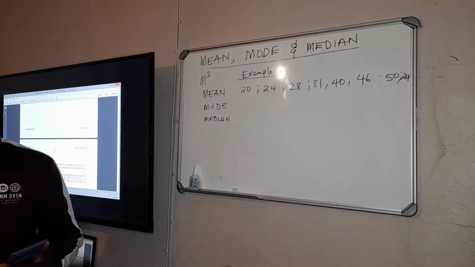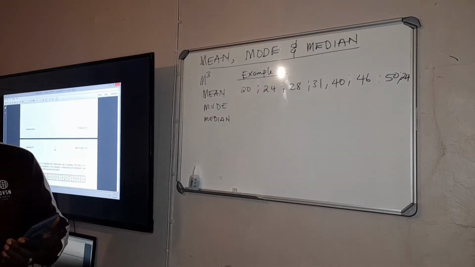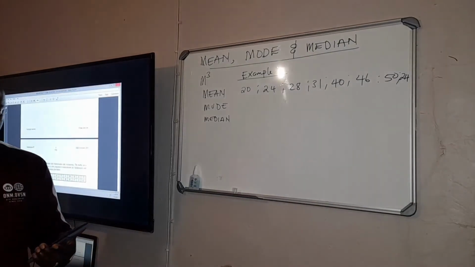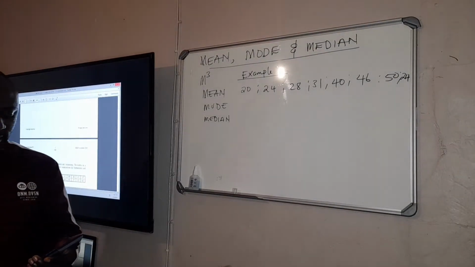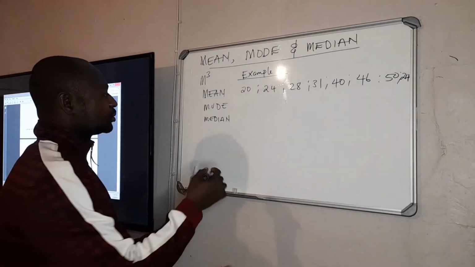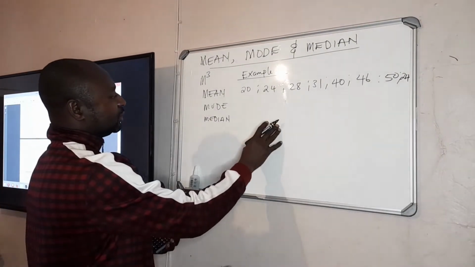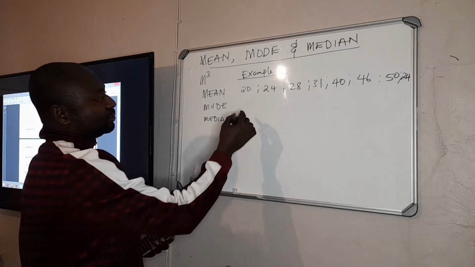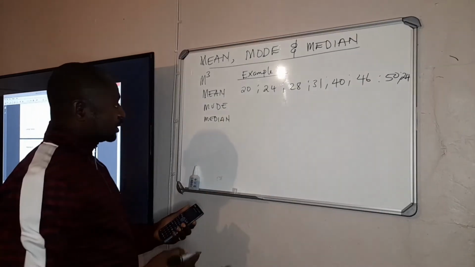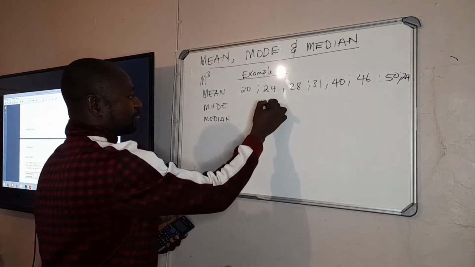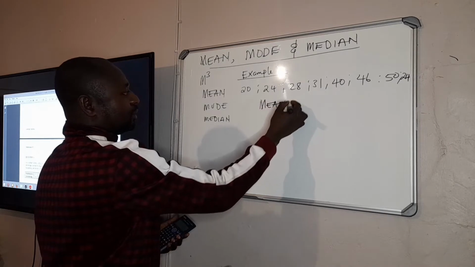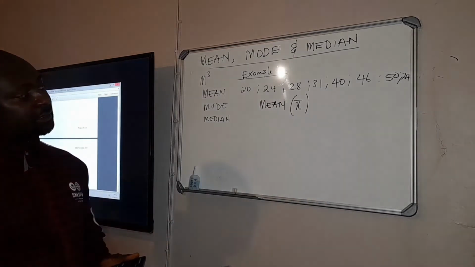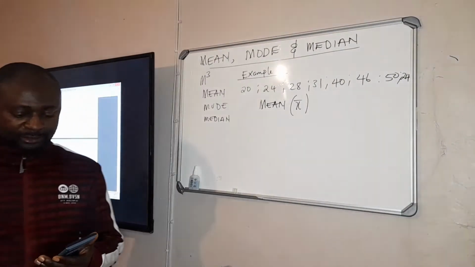Those who are using Casio FX 82 or 83Z, you go to mode. So I'm just helping you to find the mean, the median, and the mode. Now I'm looking at the mean. Mean in exams is called the X bar. That is the symbol for mean.